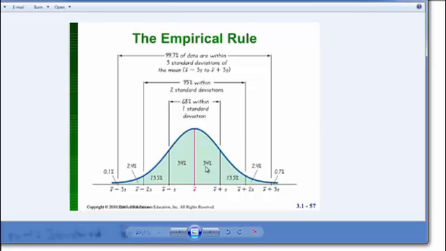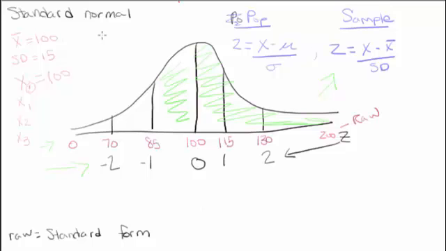We can actually see here 34% fall between the mean and 1 standard deviation. So 34% of the data fall between the mean, which is right here, and 1 standard deviation. 34% of the data are right here. Well, guess what? 34% of the data are also right here.